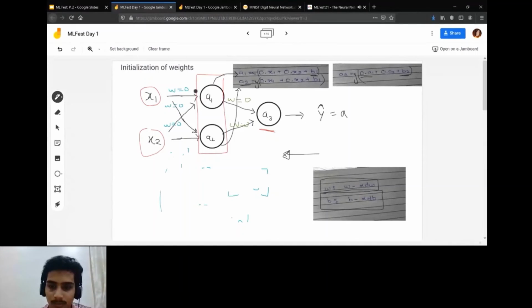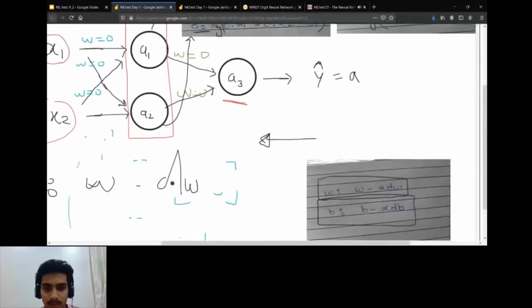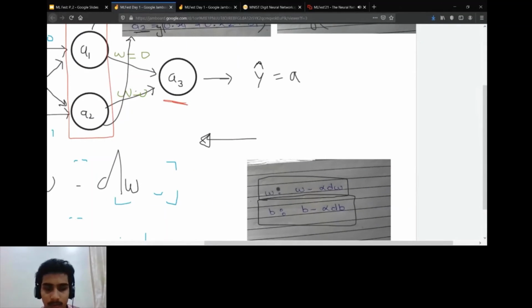The aim of backpropagation was basically updating the weights. And now just see if this is applicable to everything. Not just if we initialize the weights to 0, but if we initialize weights to some constant, obviously this value, let us consider w minus, this is going to be dw.